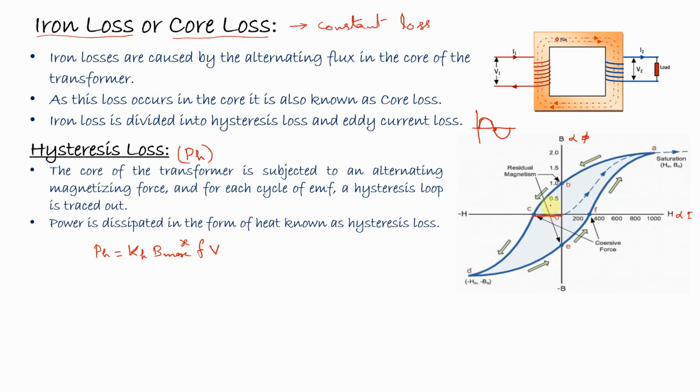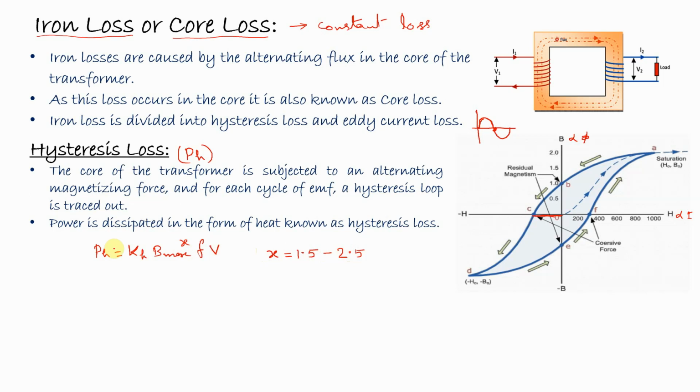Because from material to material, the hysteresis loop, that means the B versus H characteristic, changes. And this factor is represented by this value x. Generally, the range of x is seen to be 1.5 to 2.5, depending upon the type of material.